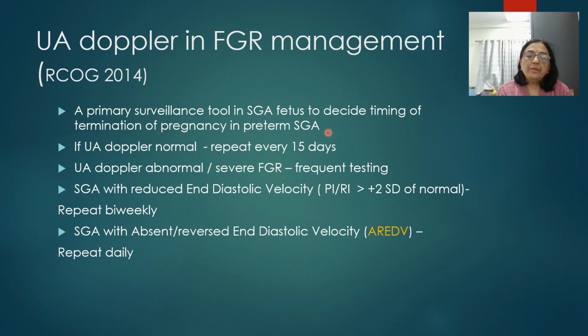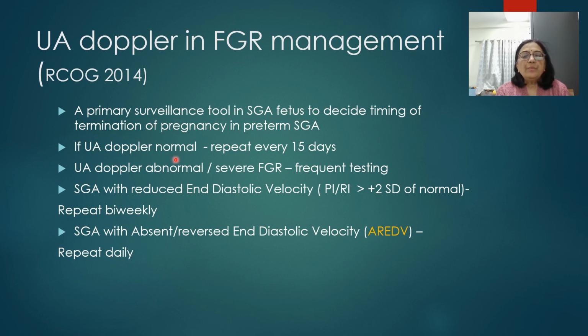And if we take a decision too late, there is a risk of the baby being born hypoxic or, even worse, sometimes there can be a stillbirth. So we want to strike a correct balance and have the best possible timing for the termination of pregnancy whenever there is a preterm SGA. And here umbilical artery Doppler helps us, and that is why it is called a primary surveillance tool.